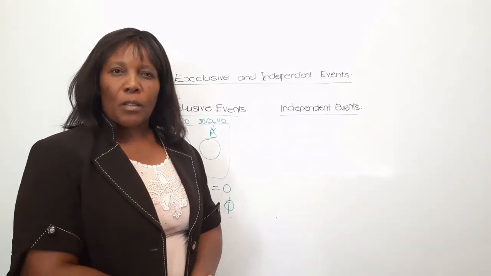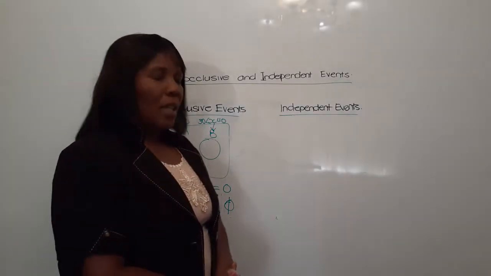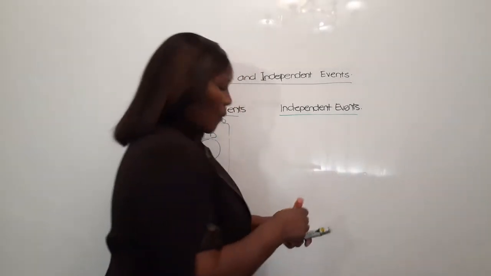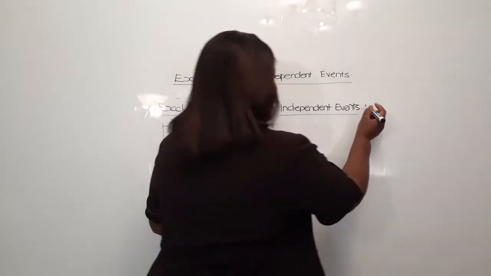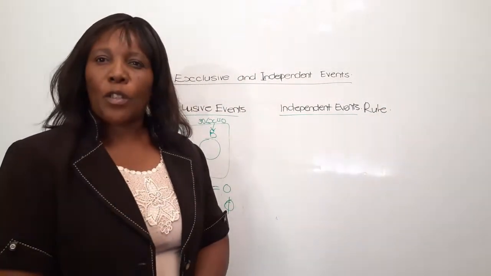And what you are supposed to check for independent events is a rule that we call the independent events rule. What does your independent events rule say?